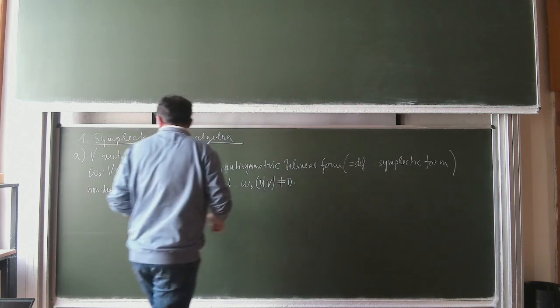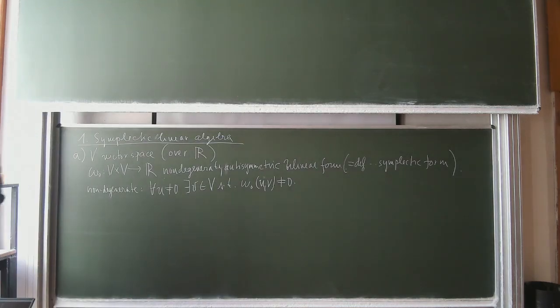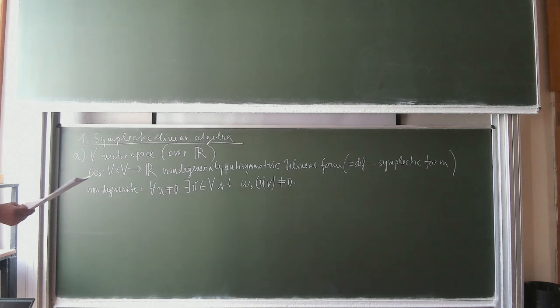So we do the same as in the case of Euclidean or symmetric forms. And the couple V, omega 0 is the so-called symplectic vector space.